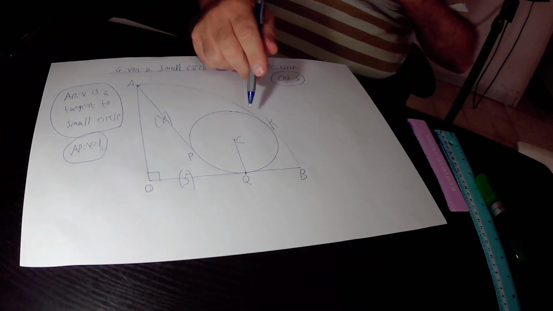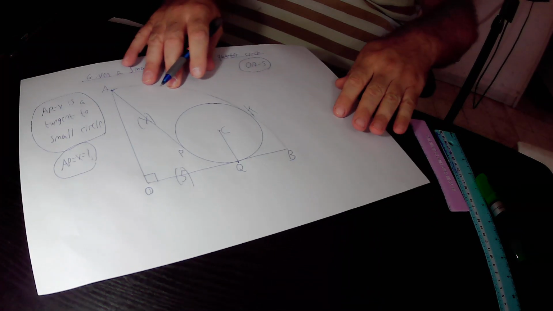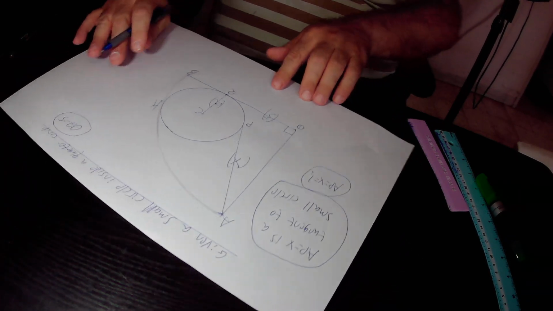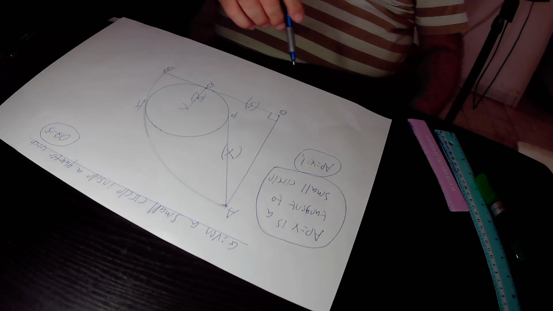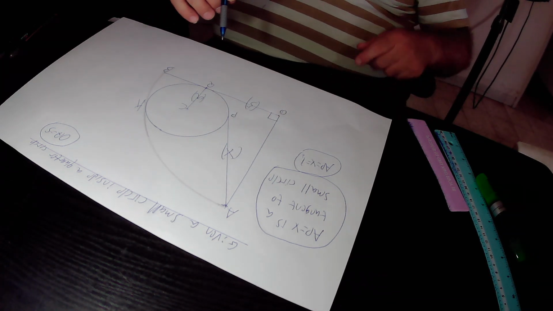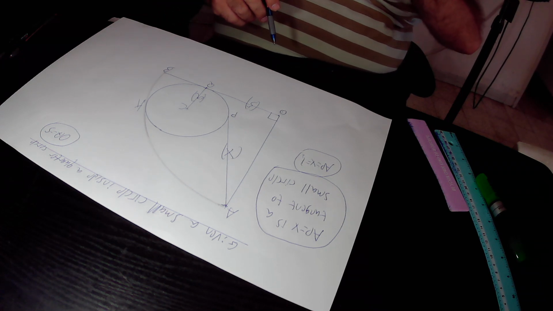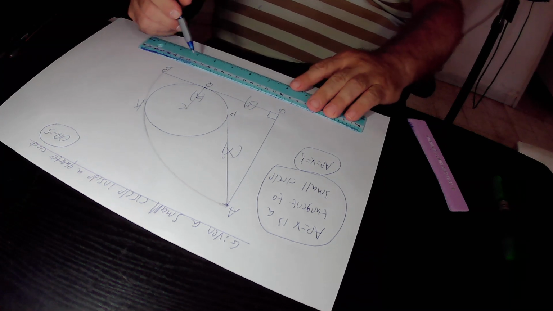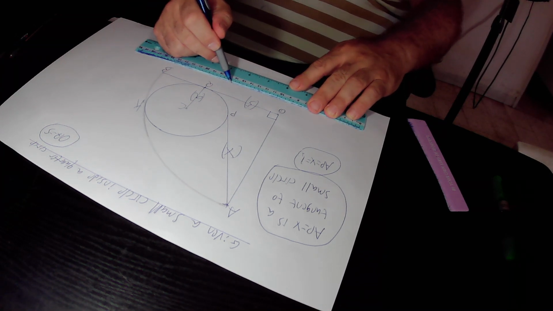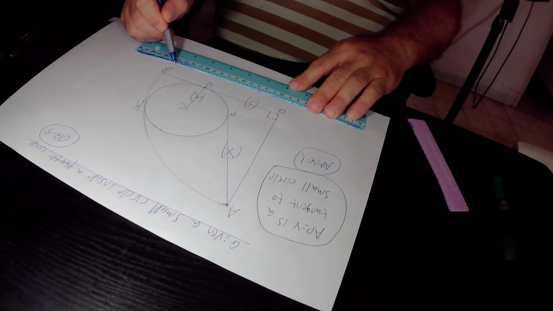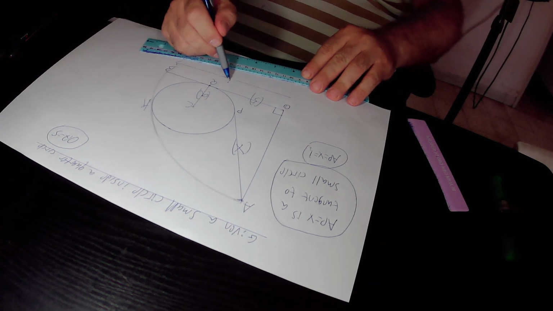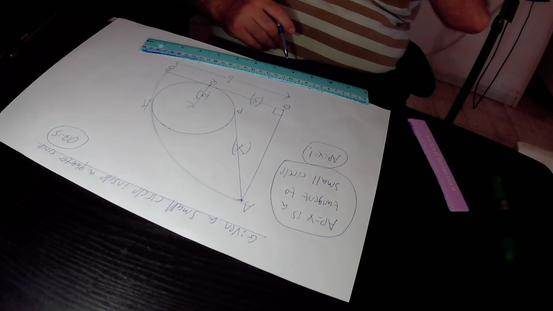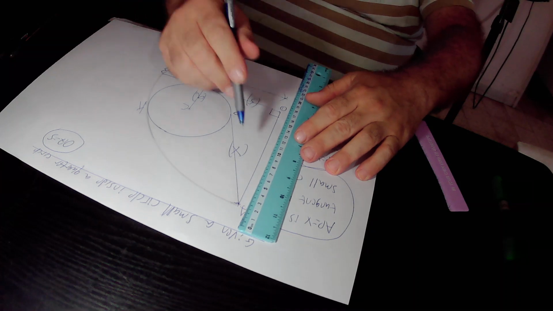We define the radius of this small circle as A, so CQ equals A. According to our definition, we define the radius of this big quarter circle as B. So OB is the radius of the quarter circle that is equal to B units according to our definition. AO is also the radius of this quarter circle that is equal to B units in its length.